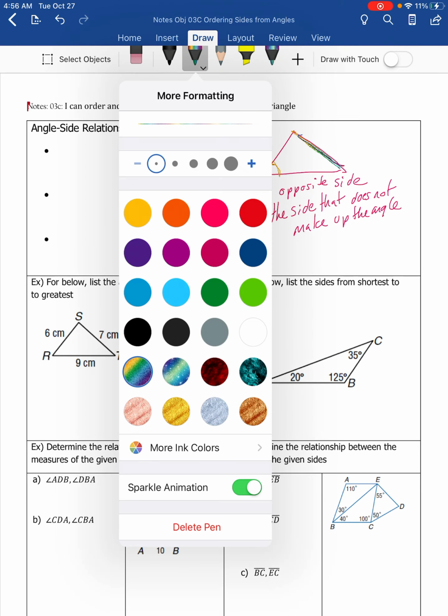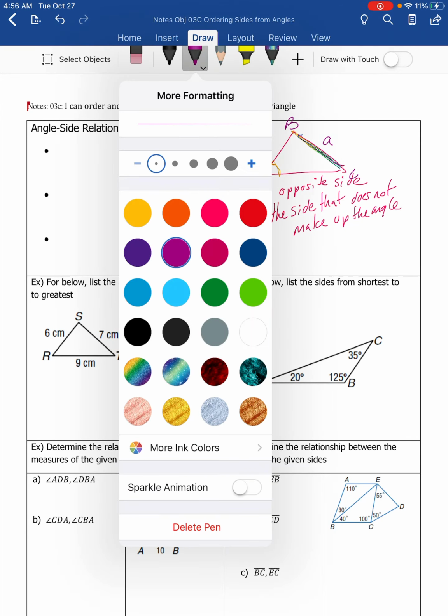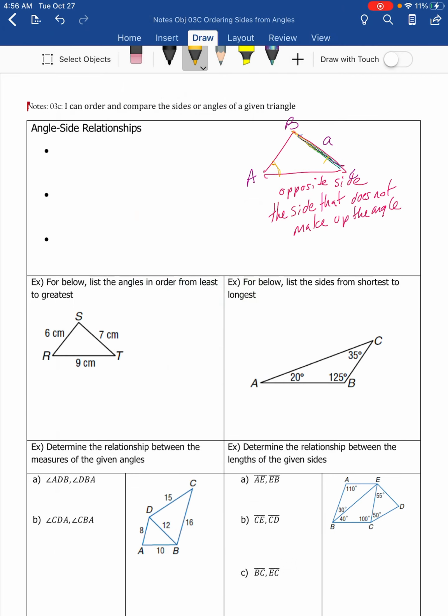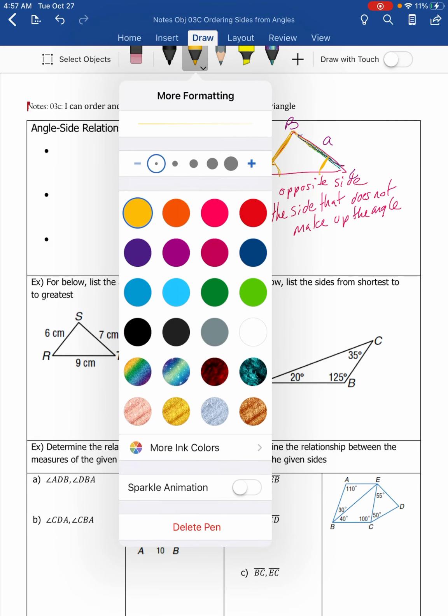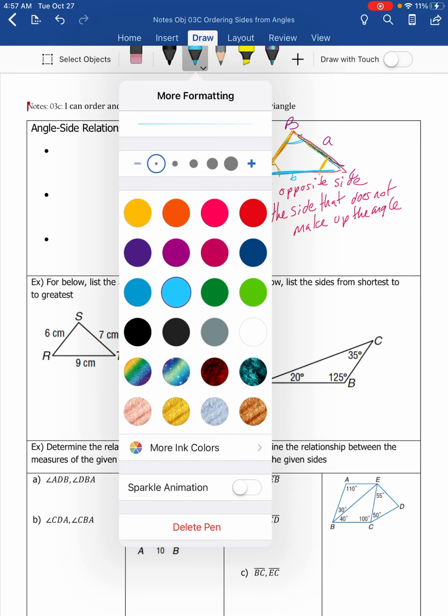Actually, one of the things that's kind of interesting is if I said that this is angle A, say this is ABC, this would be side A. If I were talking about this angle right here, this side would be opposite, and so that would have to be side C. And if I were talking about this angle here, this would be the opposite side, so I would label that little b. So when I talk about opposite sides, that's what I'm talking about.